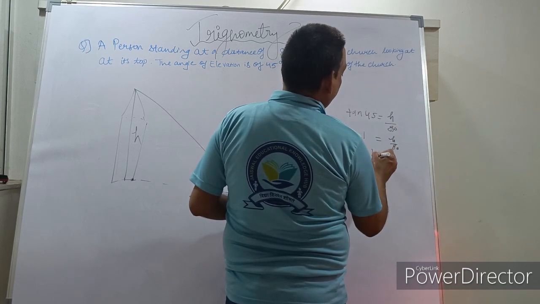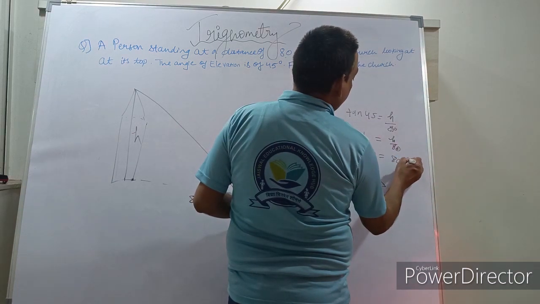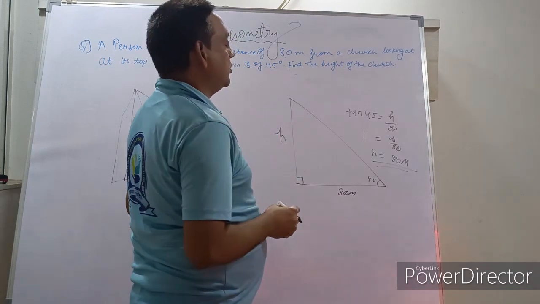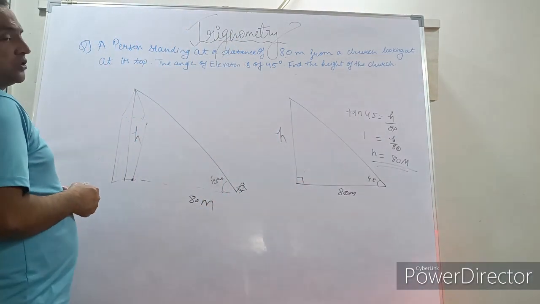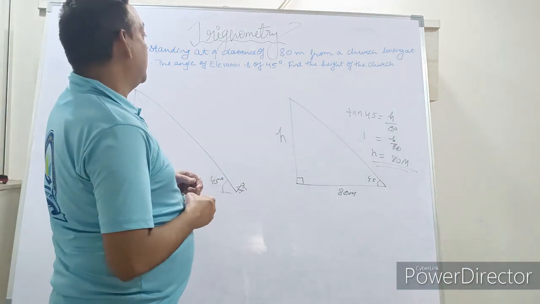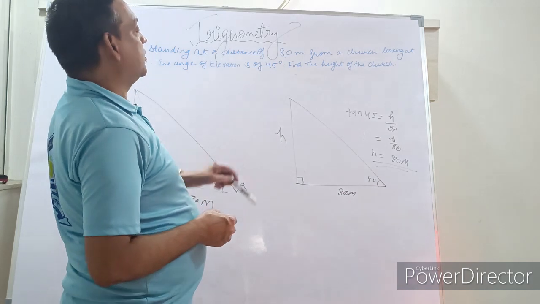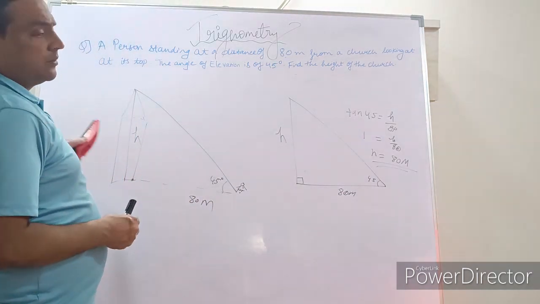So h is equal to 80 meters. The height of the church is 80 meters. It is that simple. The first thing is to frame the equation and draw the proper diagram. Once you get the diagram, you have to use SOHCAHTOA. So you can do the sums based on this.